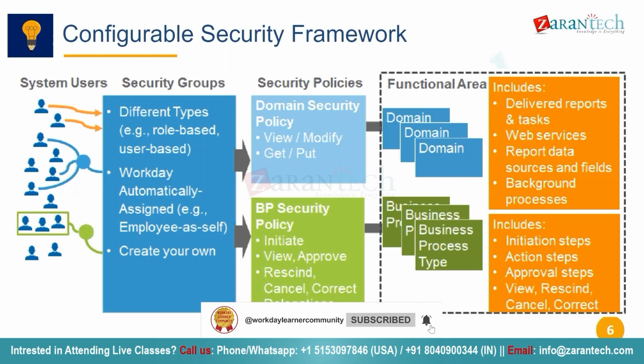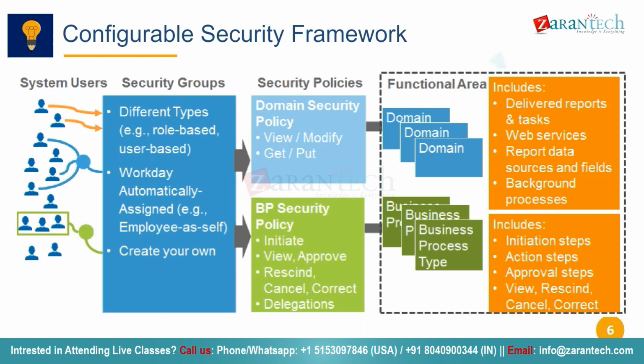The business process type includes your initiation step, any business process steps, any kind of actions that need to be driven for a particular business process, or the approval, or the view, rescind, cancel, or correct of the business process. These are the business process types, and the domains are part of the functional areas.